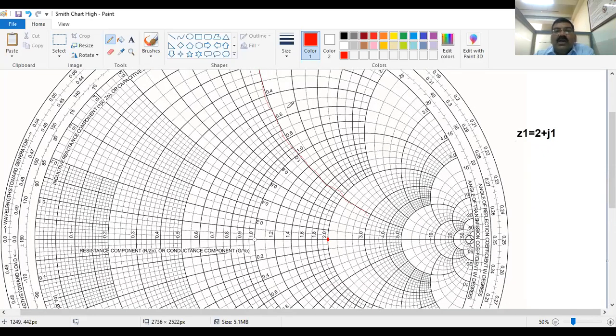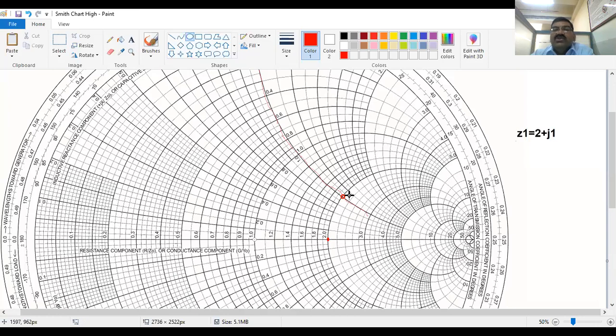Now we have to see where this line of 1 intersects the circle of 2. This is your circle of 2, and it is intersecting here. So this point will be your Z1.